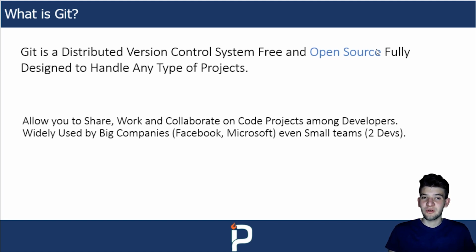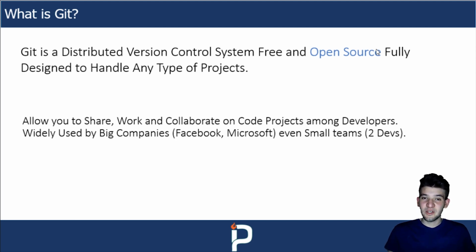You can share other projects like Word or PowerPoint, but it's usually used for big code projects among developers, and widely used by all the companies you have ever heard about: Facebook, Microsoft, Tesla, any big company with a big developer team. Yeah, it is using Git because it's just that awesome.